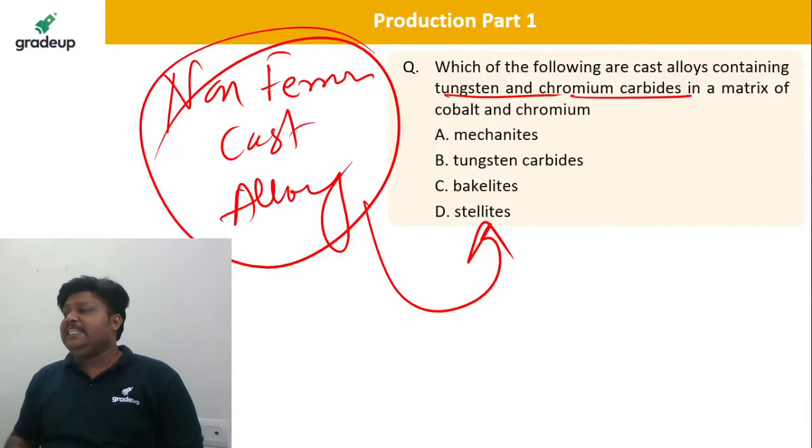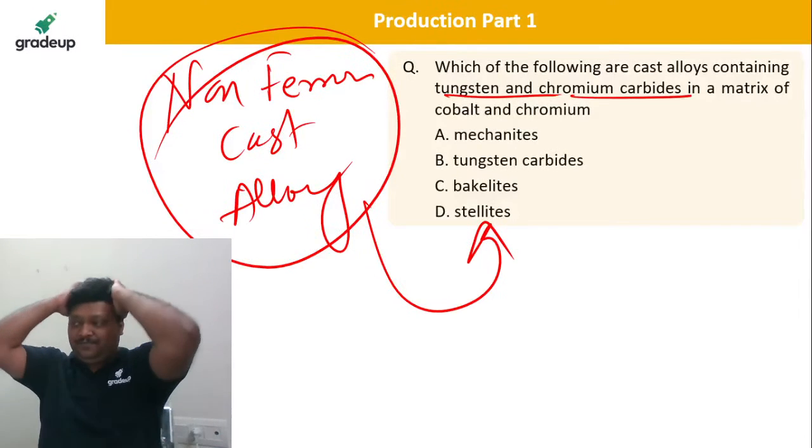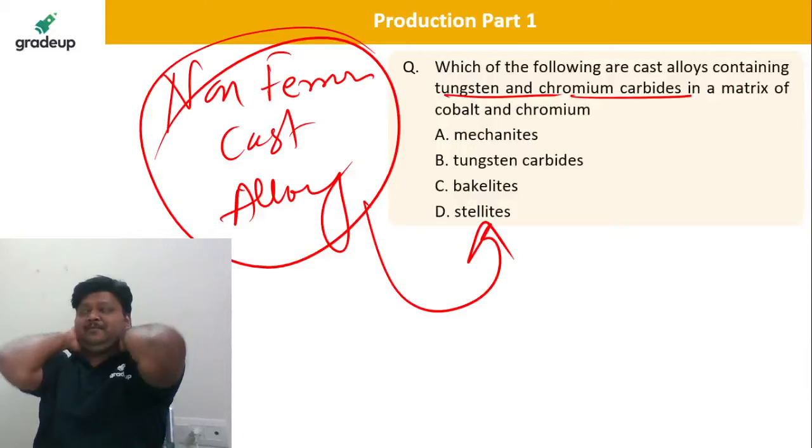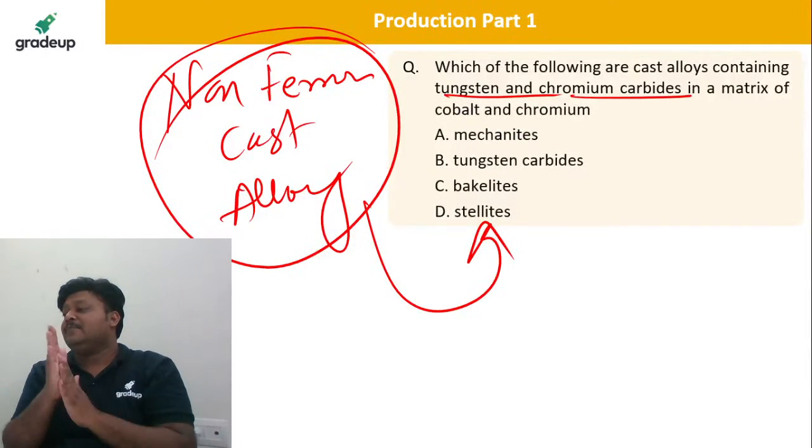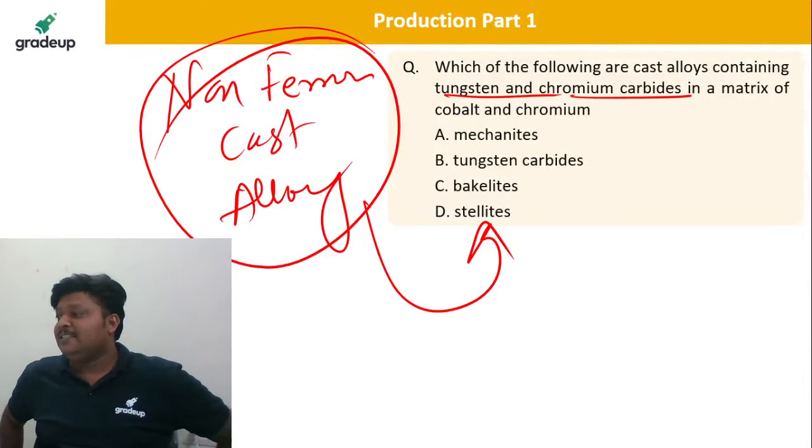D is correct. Nehal, very good. Ankur, very good. Very nice, Akhil. Very good. Shall I go for the next?